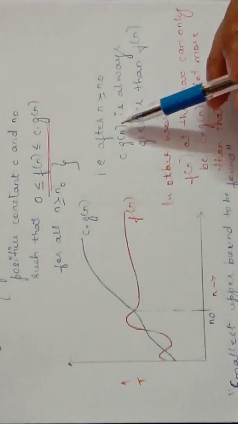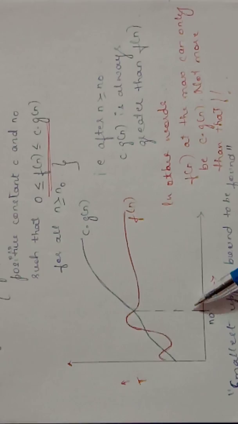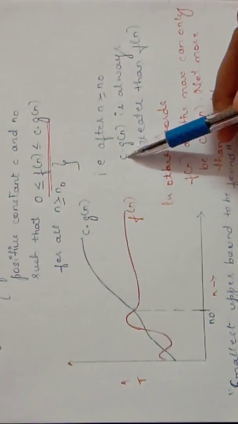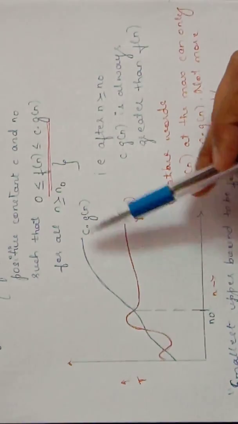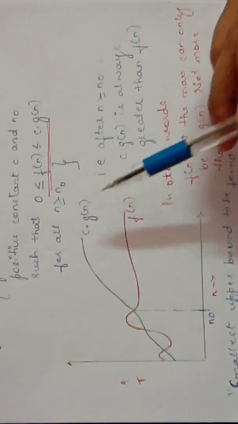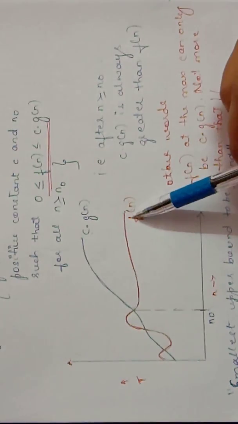This means that for every n greater than n naught, we are sure that c of g of n is always greater than f of n. So this gives us the upper bound for your f of n.